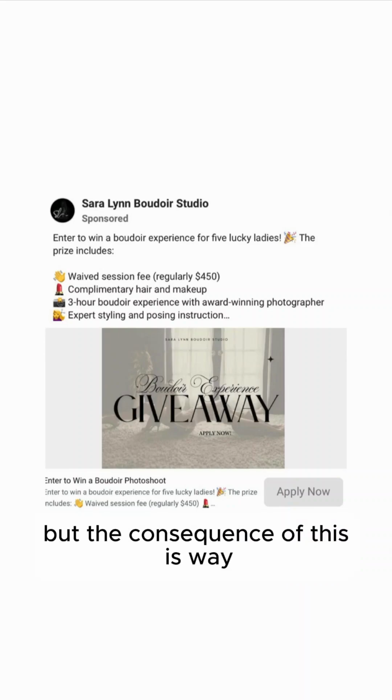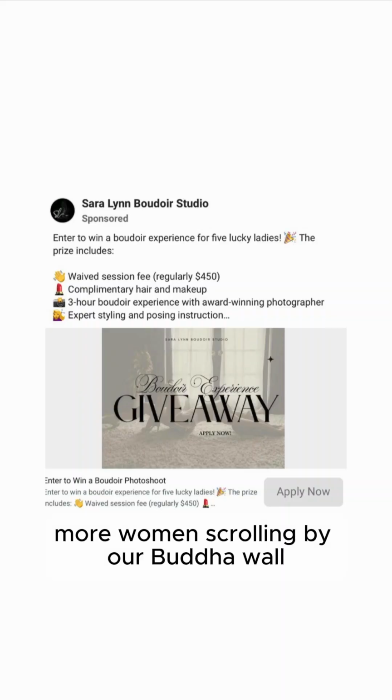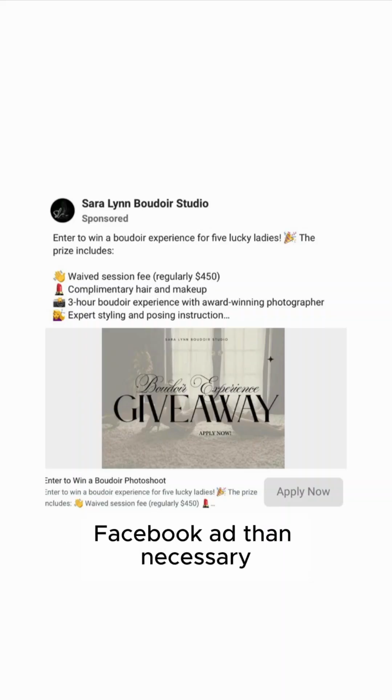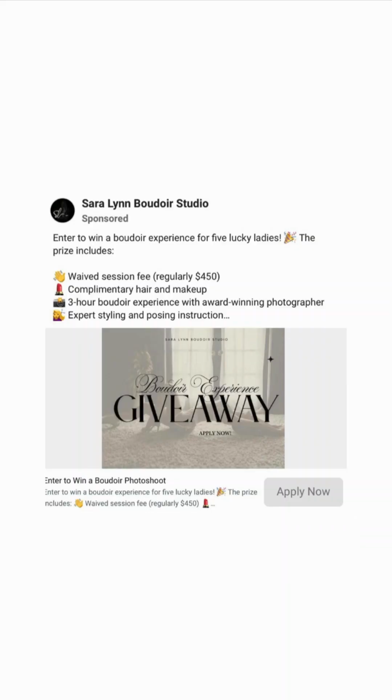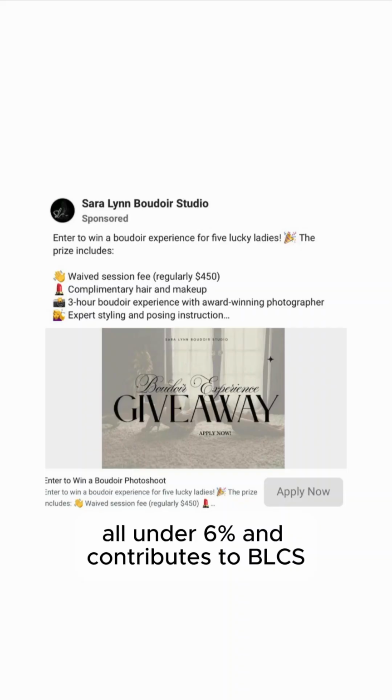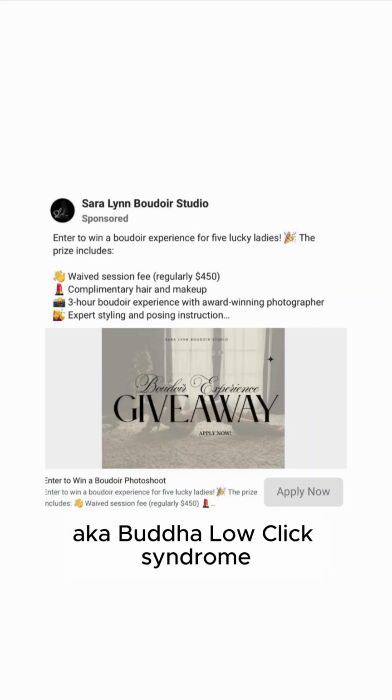But the consequence of this is way more women scrolling by our boudoir Facebook ad than necessary. It pulls unique CTR all under 6% and contributes to BLCS, aka boudoir low click syndrome.